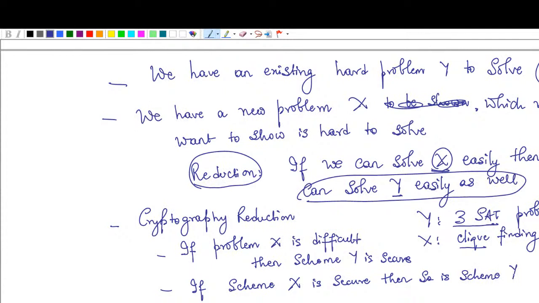The way we prove these kinds of statements through reduction is the following. Let us take this latter class of statements. We will show that if Y is not secure, then X is not secure as well.